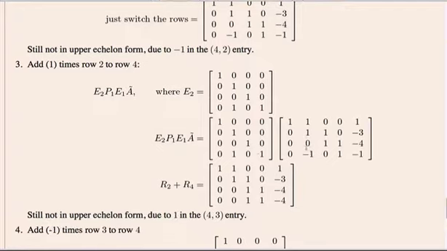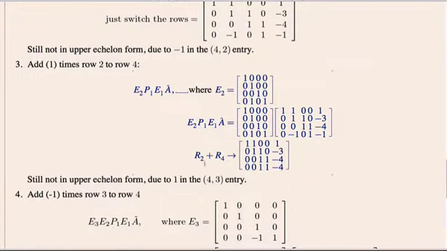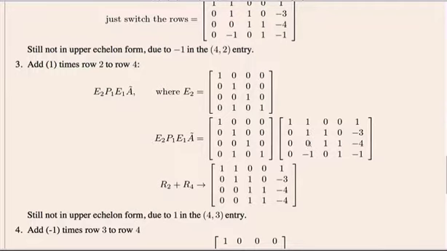But again, actually, this multiplication we don't want to do, we just do row 2 plus row 4. And we get from there 0 in this entry, then 1 plus 0, 1, 0 plus 1, 1, minus 3 minus 1 is minus 4.